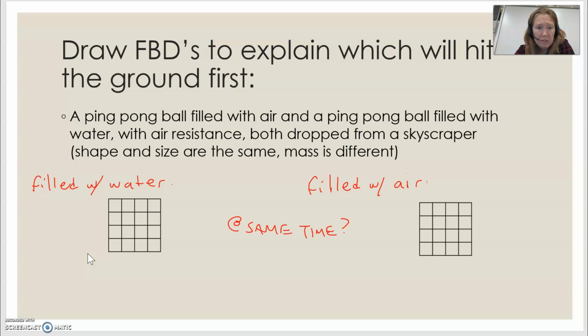The one filled with water has more mass, so its Fg is larger. The one filled with air is less massive. As they fall, maybe each is experiencing a drag force of one box.